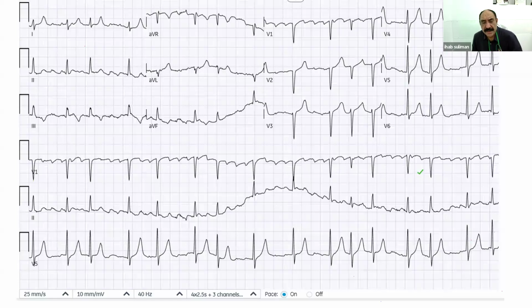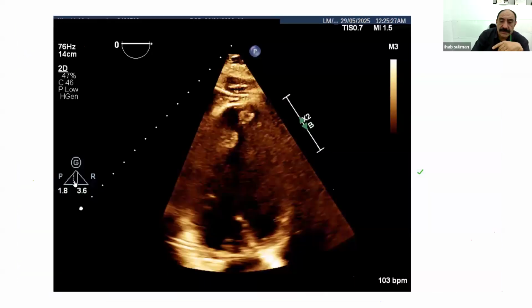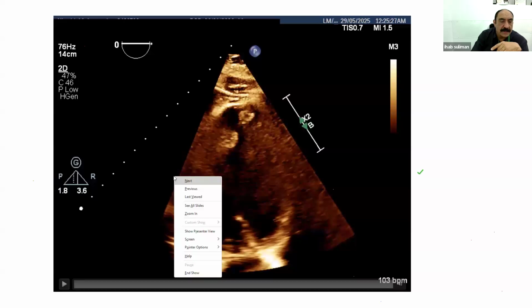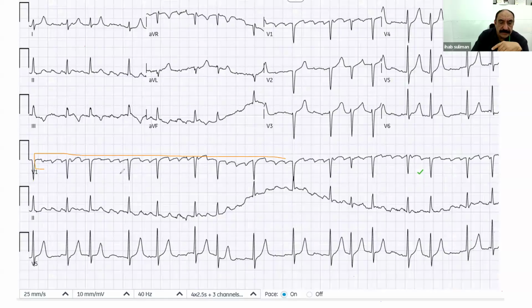So what is the rhythm here? Can somebody suggest the rhythm here again? We want you not to forget such a type of rhythm. So usually, if you want to know the rhythm, look to lead V1 and lead V2, and you need to look also to the RR interval.